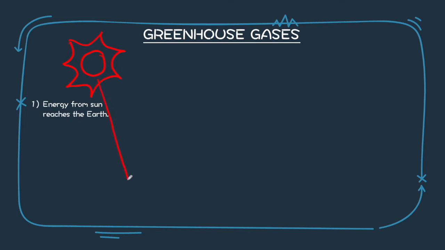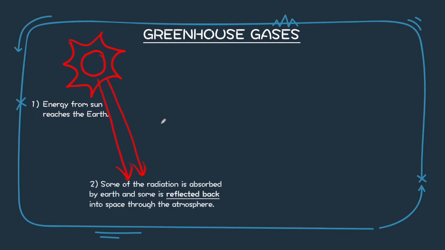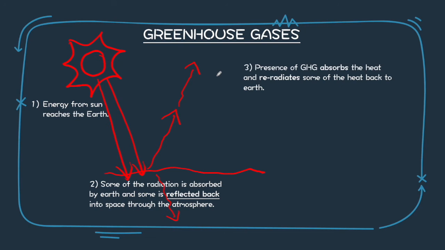So what exactly is greenhouse gas? Usually energy from the sun, when it reaches the earth, some of the radiation is absorbed. So for example, when 100% of energy comes from the sun, after it reaches earth, maybe 50% is absorbed by the earth and 50% is reflected into space. However, if there's a presence of greenhouse gas, they will block this heat.